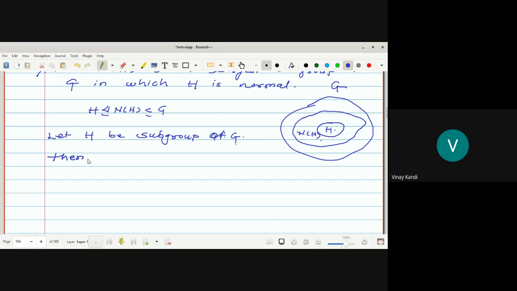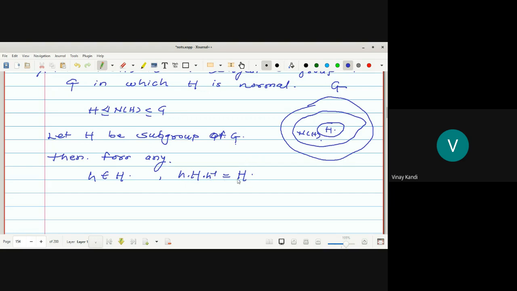Then for any small h belongs to capital H, that implies h into capital H into h inverse is equal to capital H. Okay, that means h into any element of capital H into small h inverse again is an element of capital H. Okay, that is, the group itself is normal in H. H is normal in H, yes.